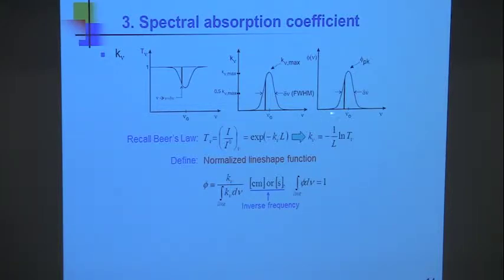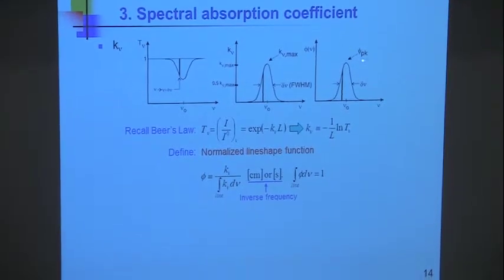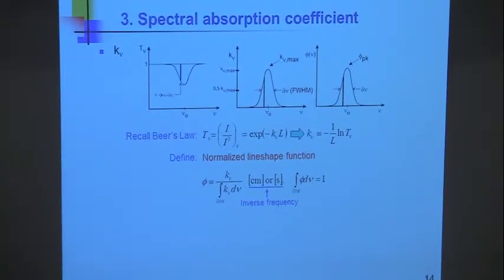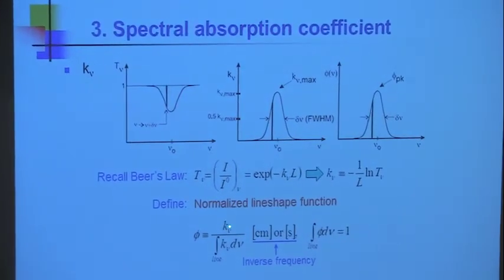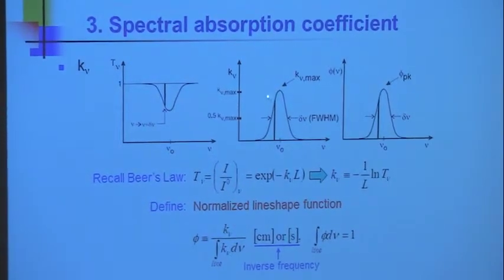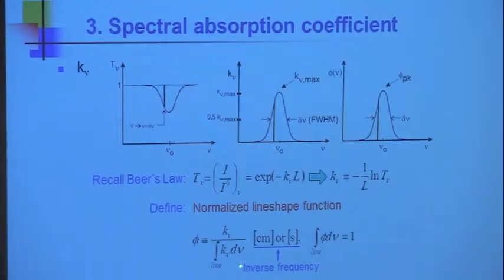Now I'm going to represent this shape with what's called the line shape function, normalized so that this area is 1. So we define phi to be the instantaneous or local value of k, like right here, divided by the integral of k over the line. That way, the integral of phi is 1.